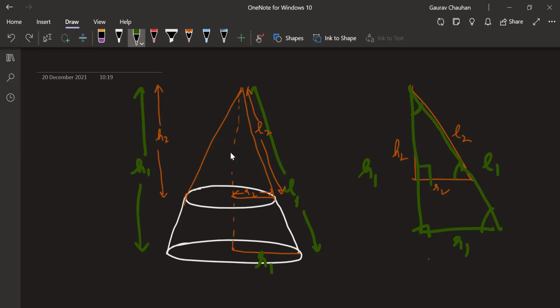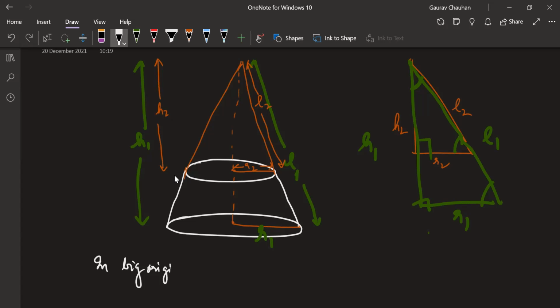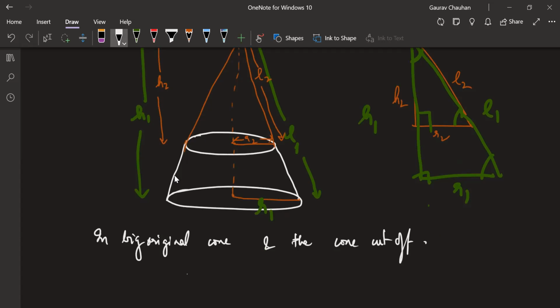You can also use triple A. This angle is obviously the same as this angle. Which means, in the big original cone and the cone cut off and thrown away to form the frustum, can I say that the ratio of sides will be the same?